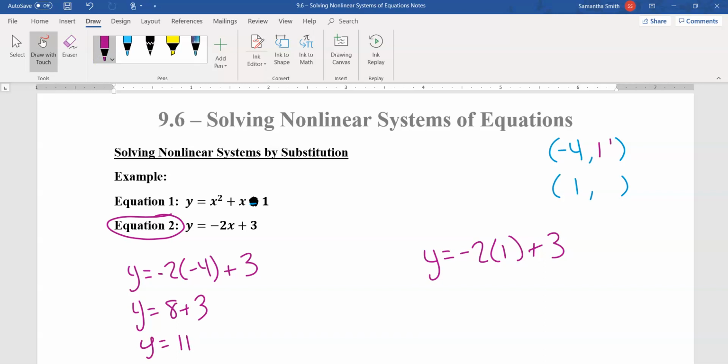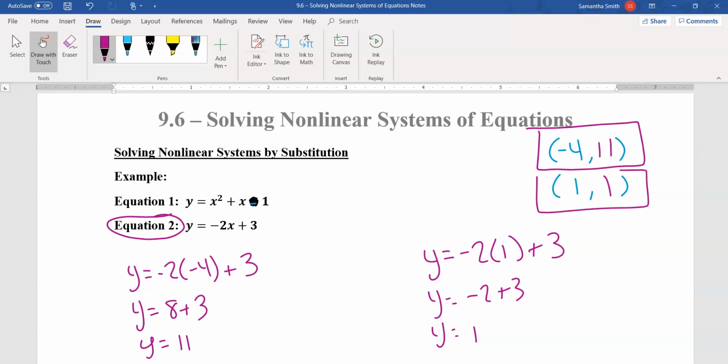I'll put that up there with my -4. And then y equals -2 plus 3, so y equals 1. So I've got two solutions here: (-4, 11) and (1, 1).